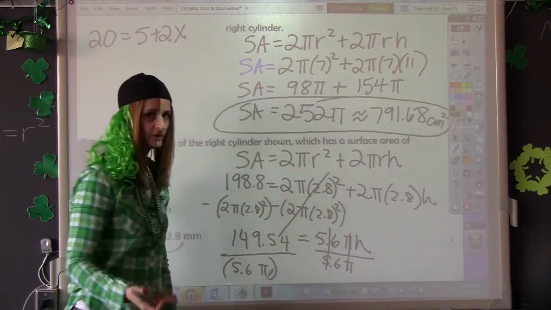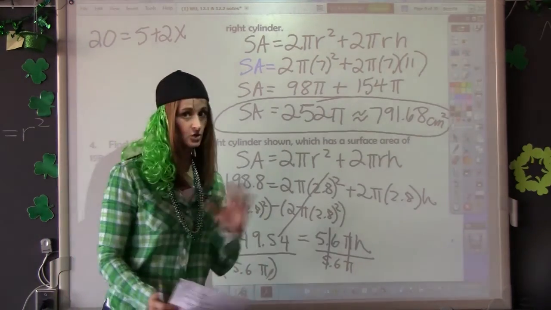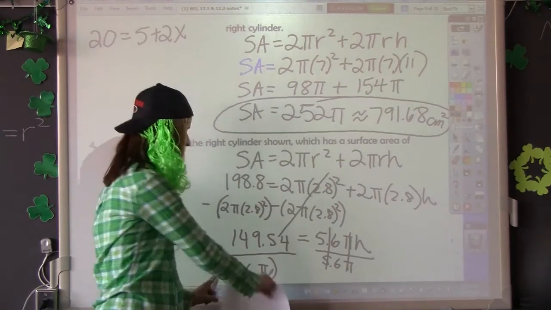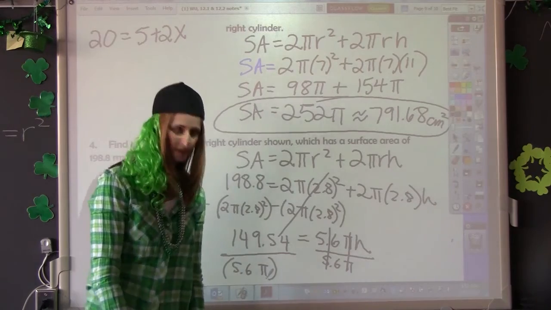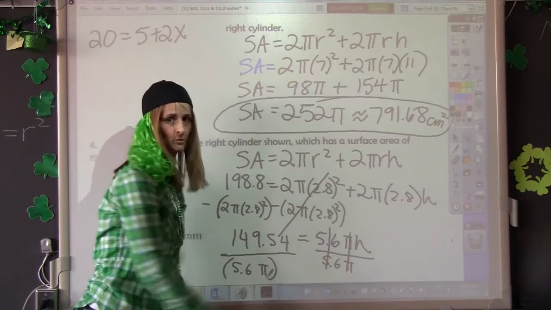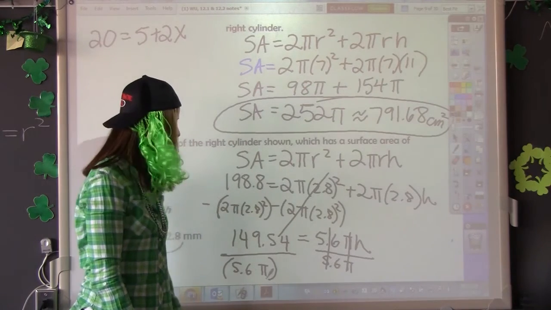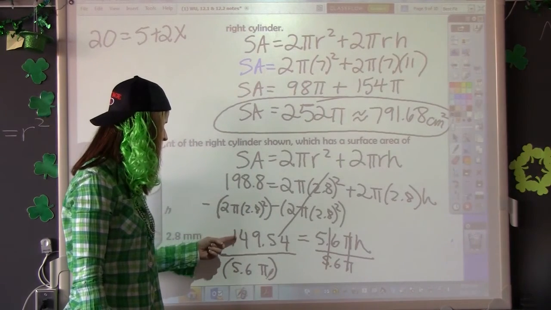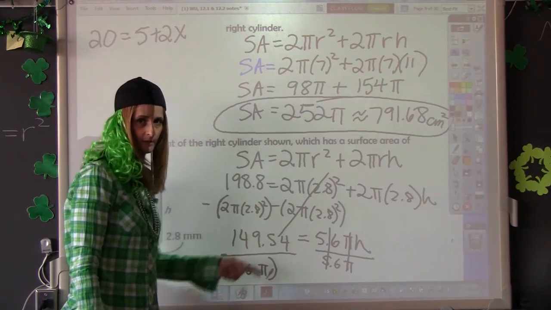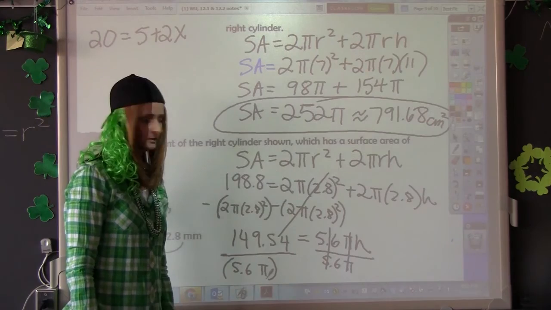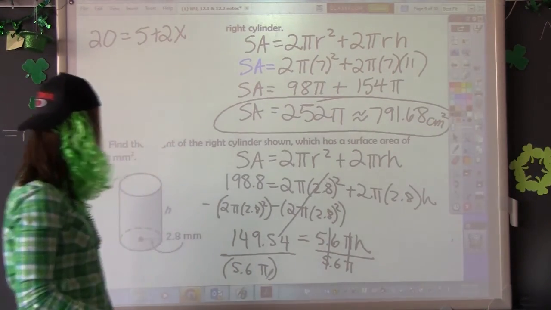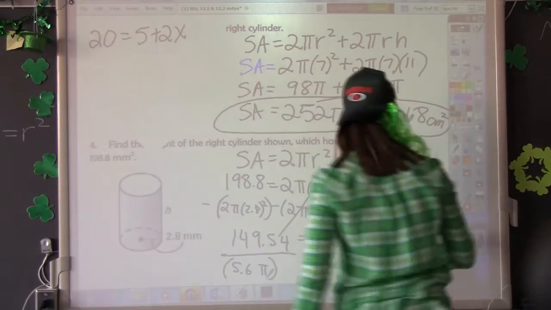If you do this on your calculator and you're not doing these roundings, that's great. But when you divide, there's a parentheses around this entire denominator, so be careful to add those parentheses in. Otherwise, the calculator will divide 159.54 by 5.6, and then multiply by pi. Okay, so what are you getting for the height?